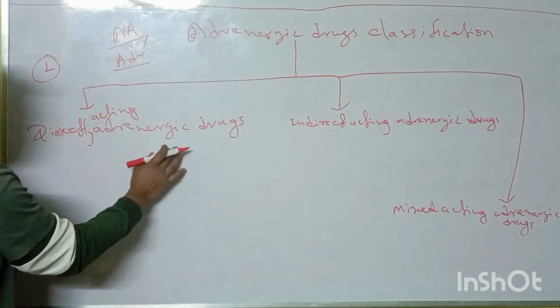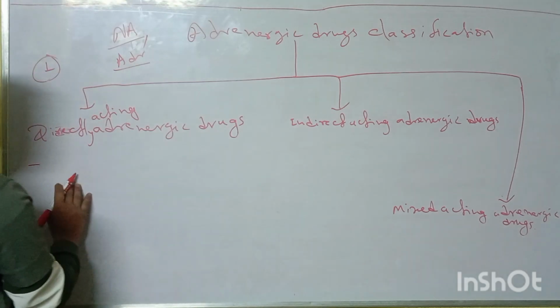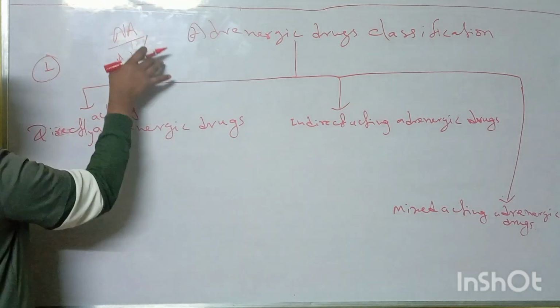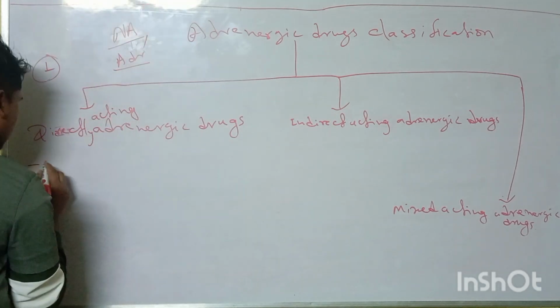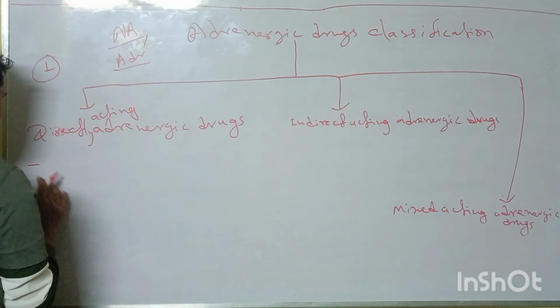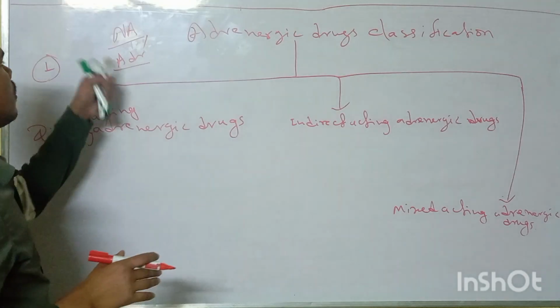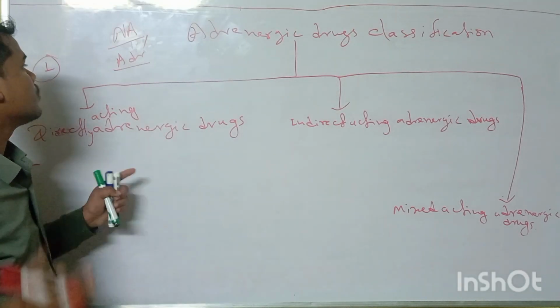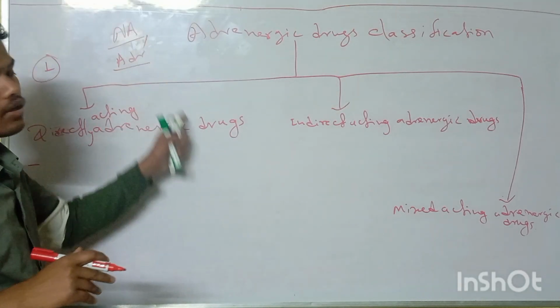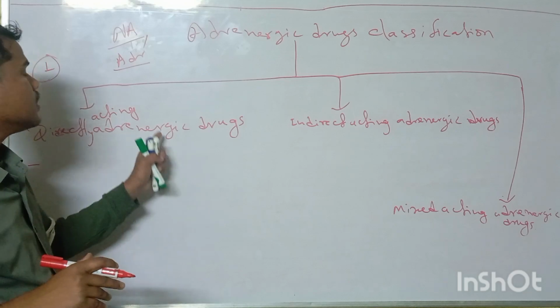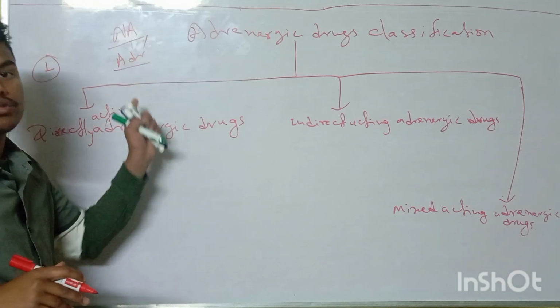So the examples will be noradrenaline and adrenaline themselves, because these also act on the adrenergic receptors, whether given endogenously or exogenously, and mimic the sympathetic functions.